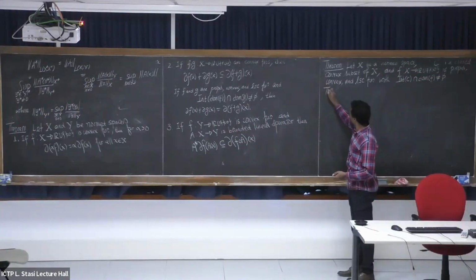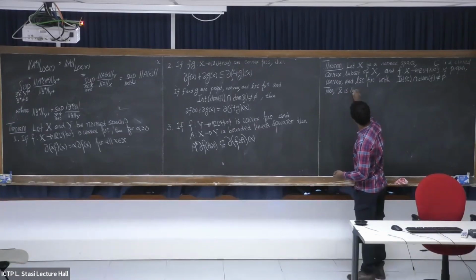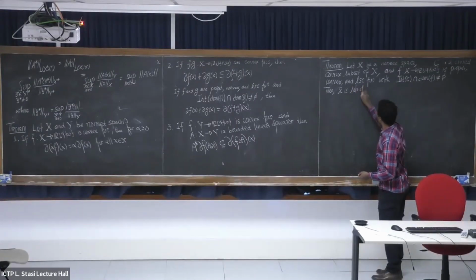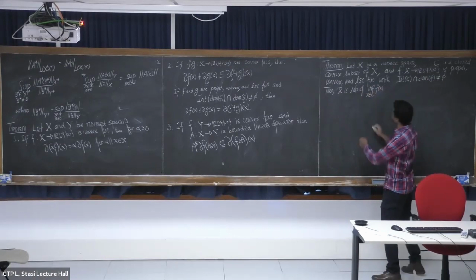Then x bar is the solution of the minimizer, the solution of the infimum of the constrained optimization problem.